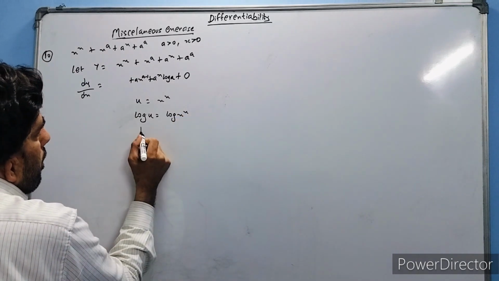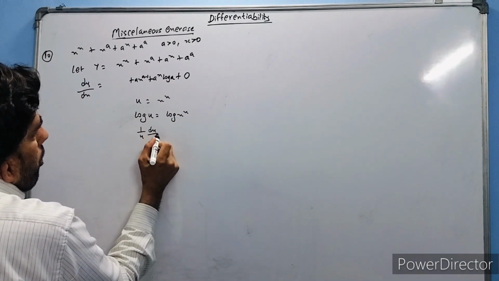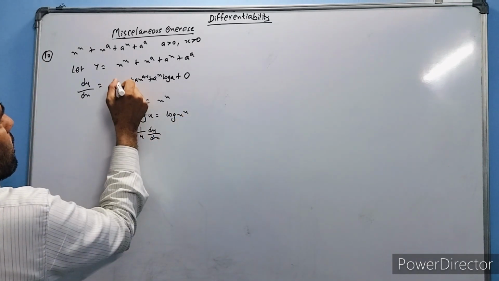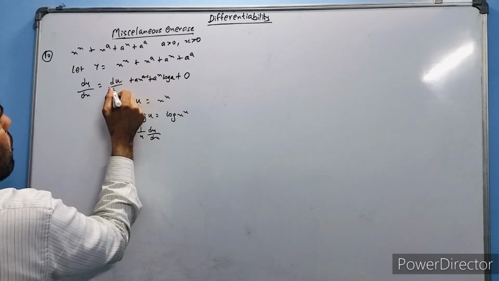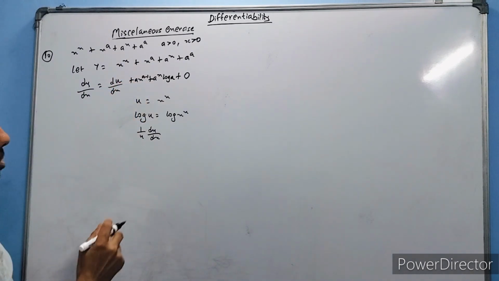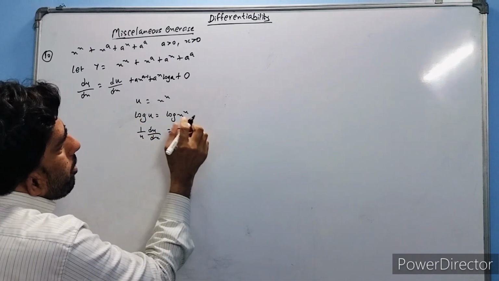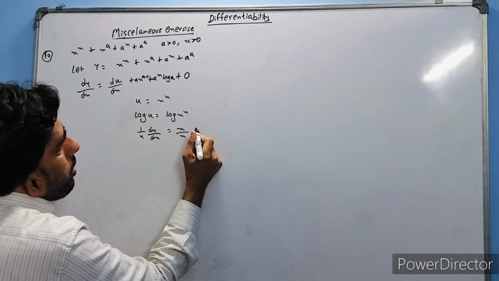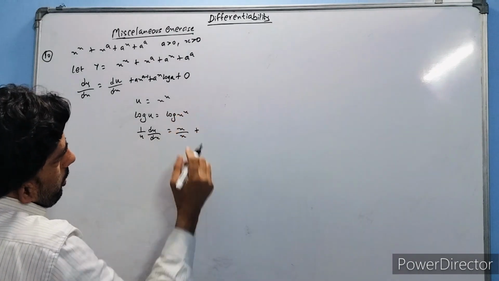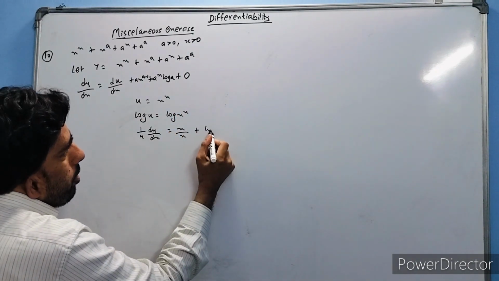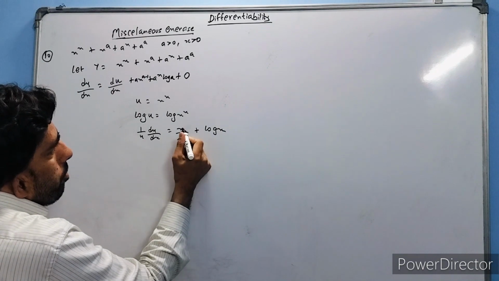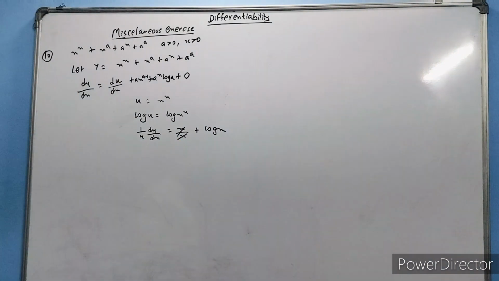So we have 1 upon u du upon dx. This will be x into differentiation of log x, which is 1 upon x, plus log x into differentiation of x, which is 1. So we have log x. So we have this. Okay, so like this we can do it.